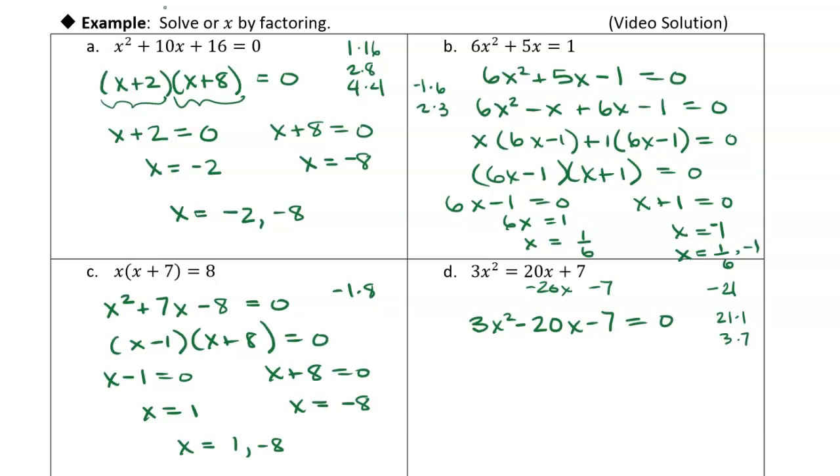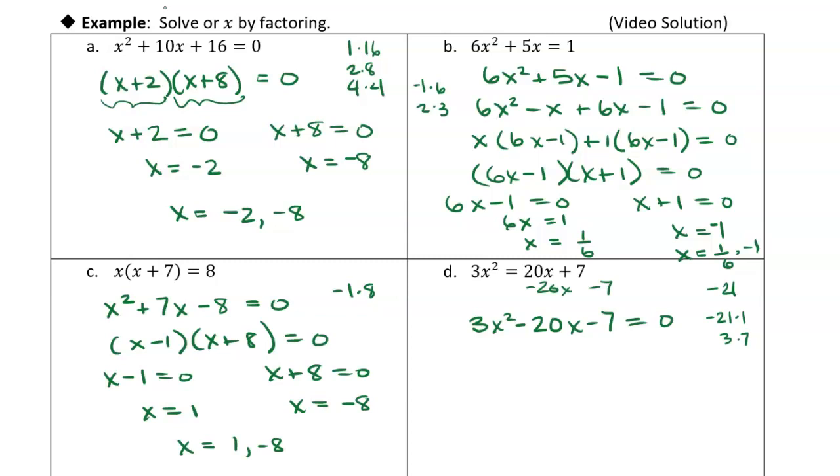And it looks like the product has to be a negative 21. So I want one of these two factors to be negative, and it has to add to a negative 20. So I'm going to make this a negative 21. Negative 21 times 1 is negative 21. Negative 21 plus 1 gives me a negative 20.